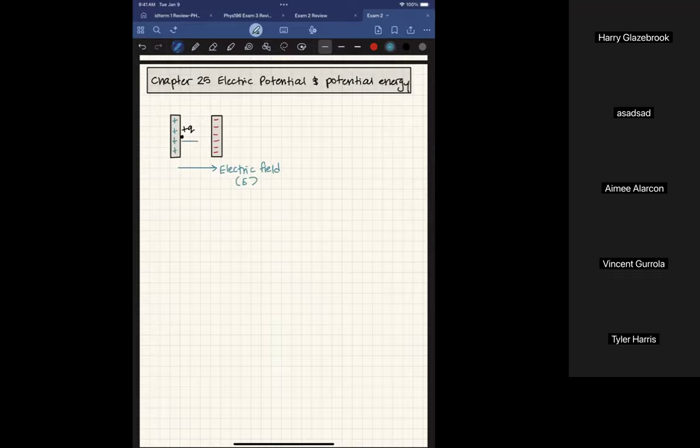So this is going to feel a force going this way. Now let's say our charge is going to start at an initial position here, we'll call X initial, and then it's going to end on the negative plate at X final.